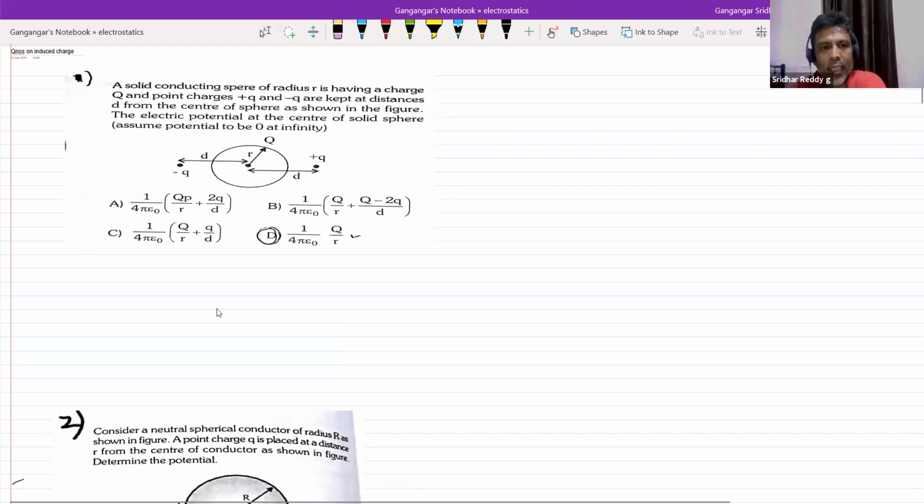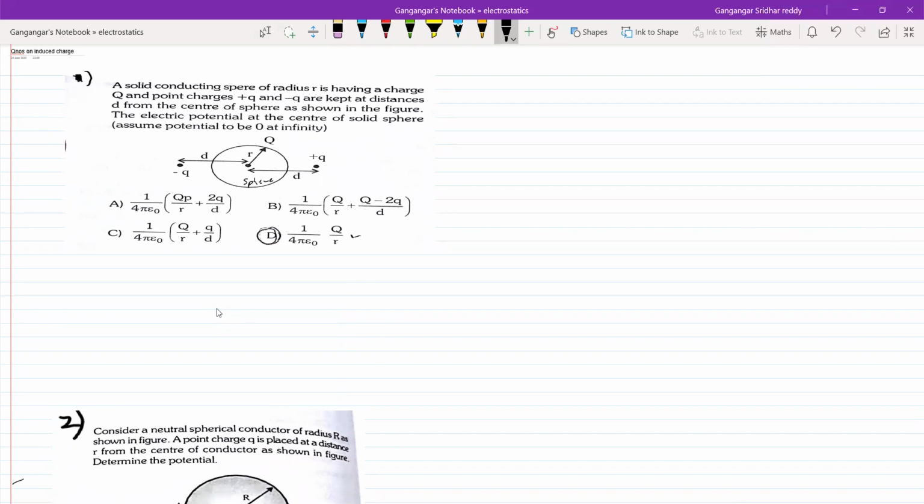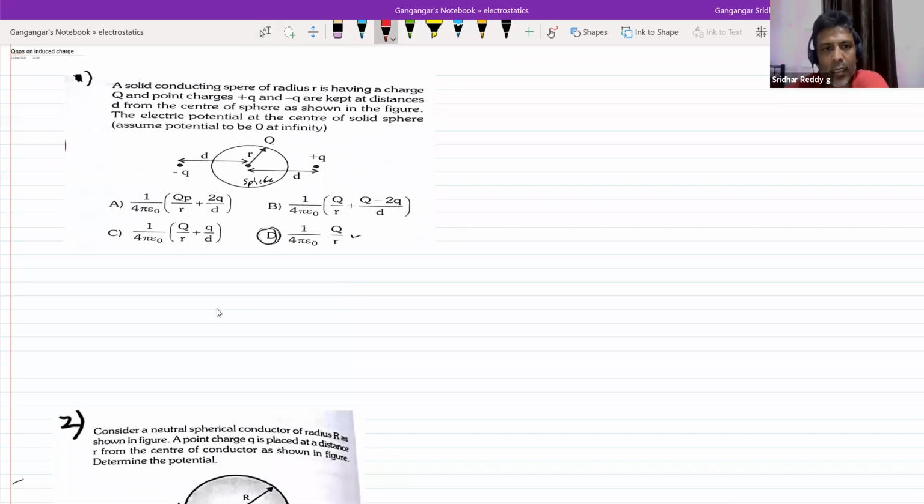Say a solid conducting sphere. So this is that solid conducting sphere. It is having a charge Q. So this charge, let me represent here. Plus Q it is. And plus Q and minus Q are kept at distance d from the center of the sphere as shown in figure. So what is asked is the electric potential at the center of the solid sphere.